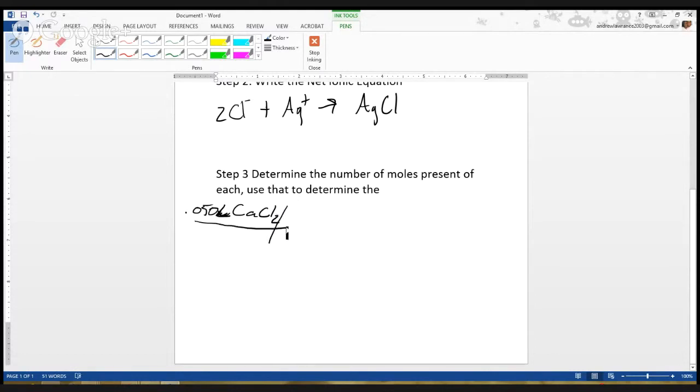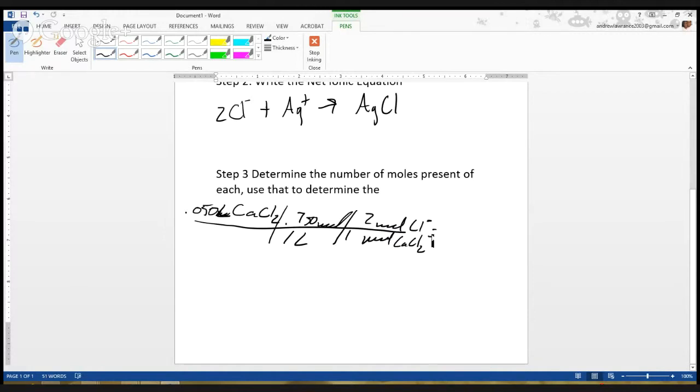So, next thing is 0.75 moles to 1 liter, which is how I take care of my molarity because it's moles over liters. And I know for every 1 mole of CaCl2, I get 2 moles of Cl minus.